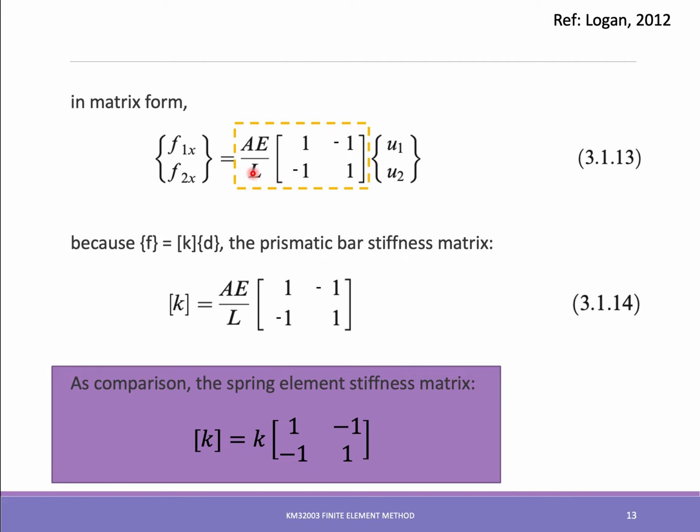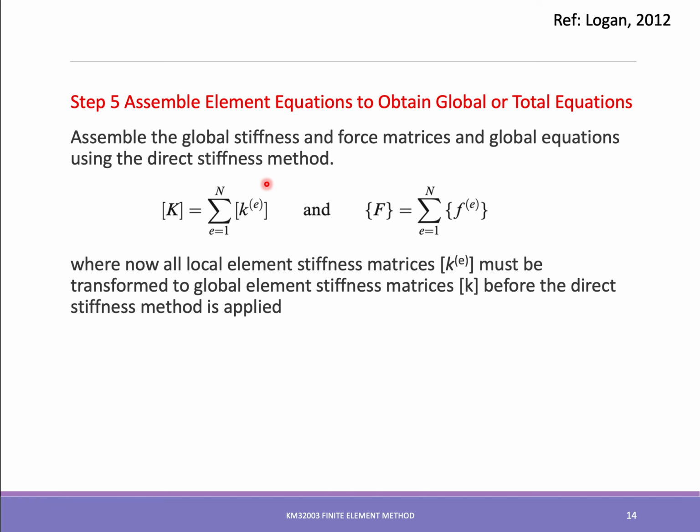Whereas if we increase the length of the element, which is in the denominator, the prismatic bar stiffness will decrease, meaning the force required would be lower to make the same one unit of displacement. What is the relationship between the AE over L and the stiffness matrix itself?